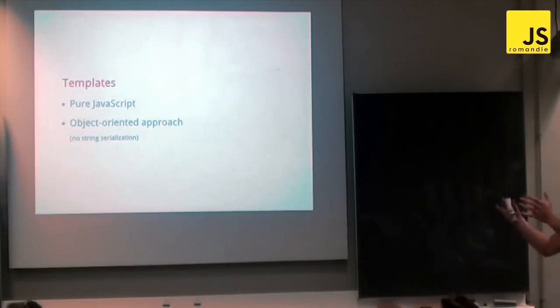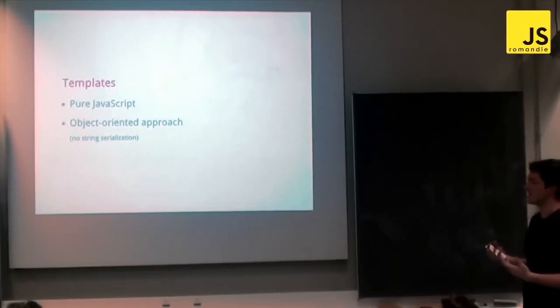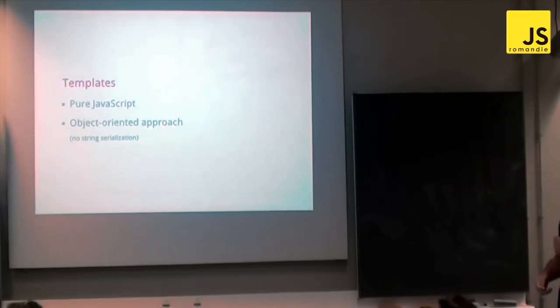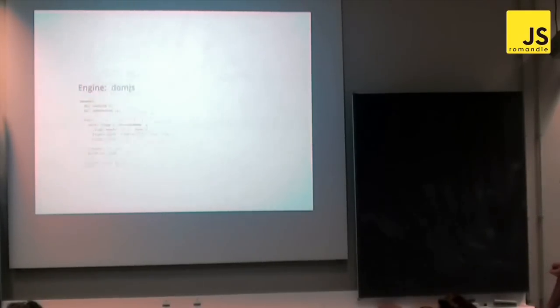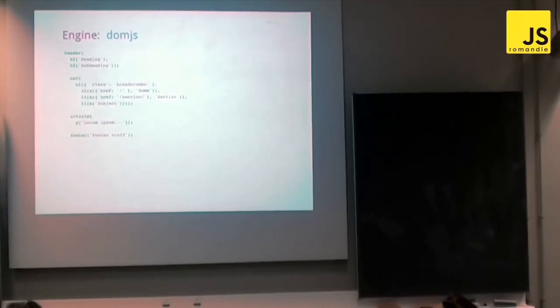But we are on the client side already, so here I decided to work with objects directly. I don't create HTML. We just create the DOM objects directly. So this is an example of how it's written, and it's also plain JavaScript. It's as simple as you can structure HTML with plain JavaScript.